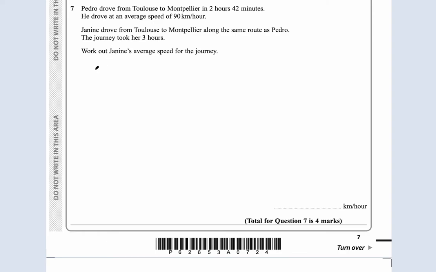Okay, so if you remember our distance, speed, time triangle, distance is speed times time. So the distance is equal to speed, 90, times time, which is 2 hours and 42 minutes. Now, I want to turn the 42 minutes into hours.